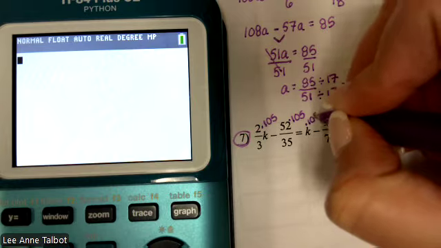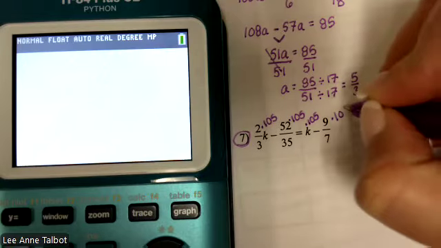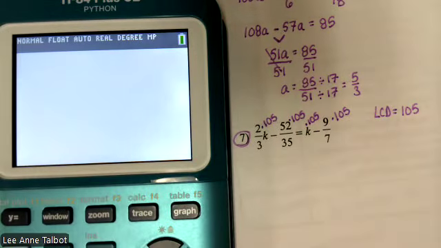Don't forget to times 105 on K. It's a really common mistake.